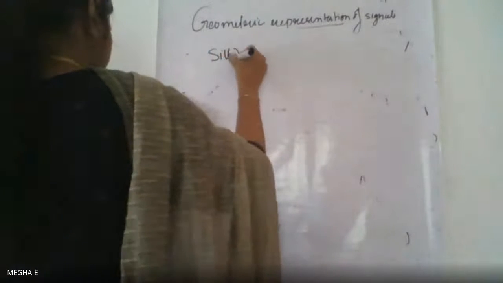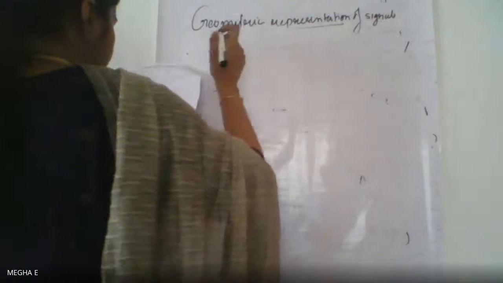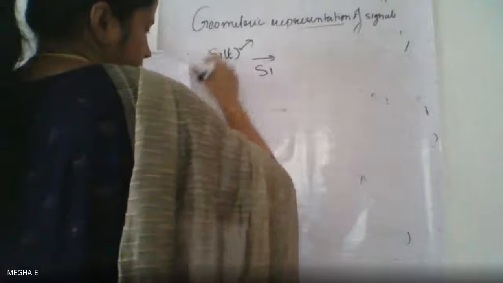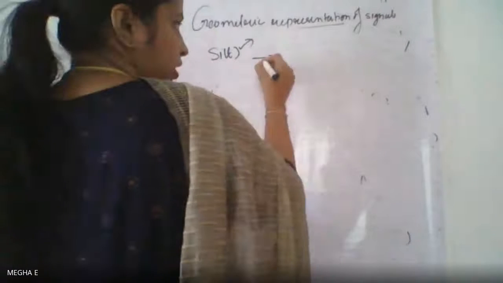Si of t is completely determined by its vector coefficients Si. Si of t is a set of signals. It can be determined by its vector coefficients, denoted in vector notation like Si1, Si2, up to Sin. This is the vector notation, and this is known as the signal vector.